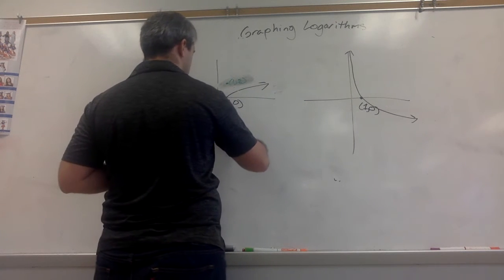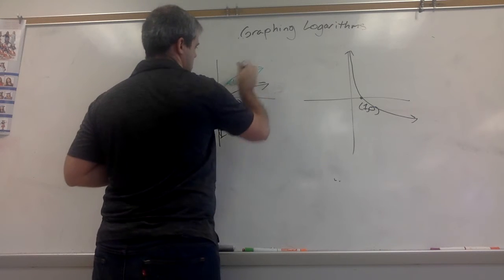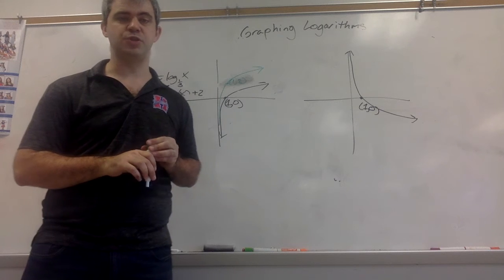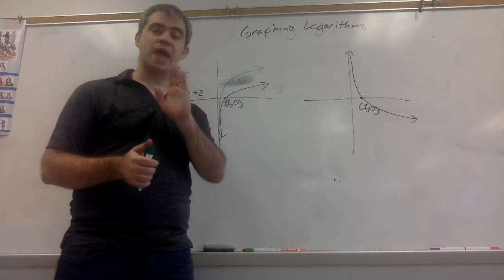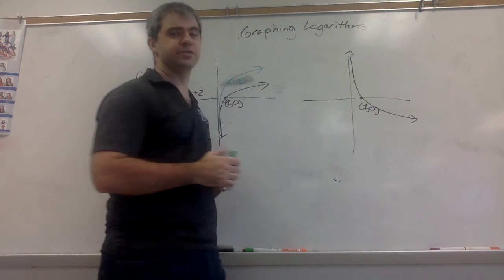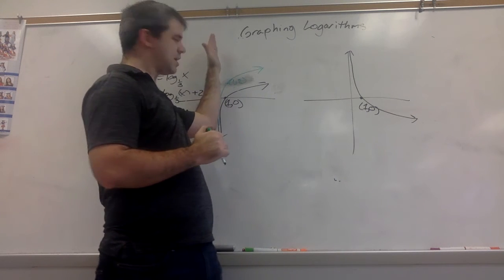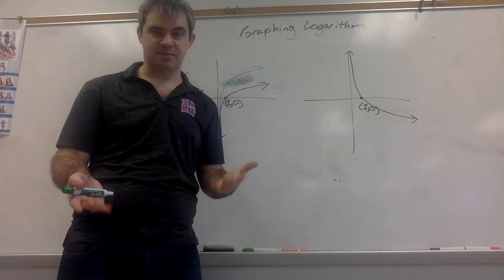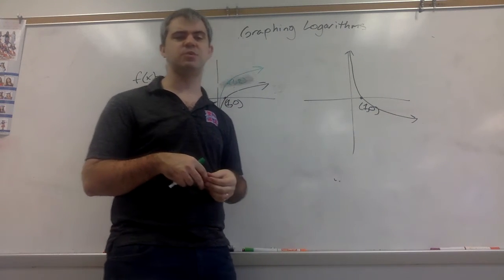And now everything has been moved up by 2. Now, you'll notice what hasn't changed is my asymptote. My asymptote is still x equals 0, because if you take that line and you move it up, you still have the same line. Nothing's going to happen to that unless we move it left and right.